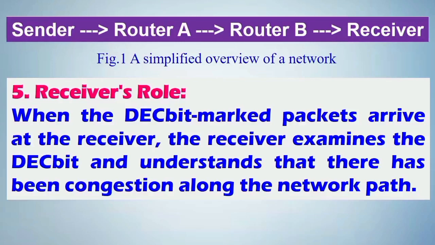When the DECbit marked packets arrive at the receiver, it examines the DECbit and understands that there has been congestion along the network path. If the DECbit is set, it understands that there has been congestion along the network route.